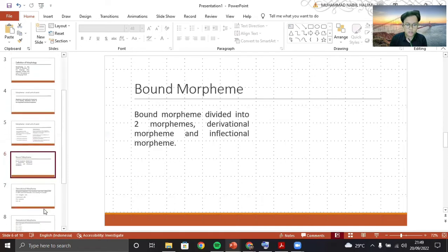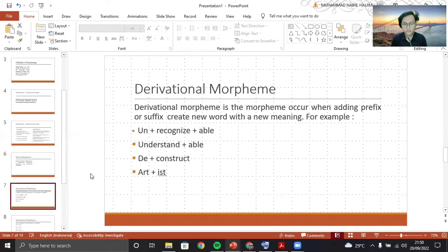Okay, next slide. Because we talk about the bound morpheme, the bound morpheme itself is divided into two morphemes, derivational morpheme and inflectional morpheme. So what is the definition of both of the morphemes? A derivational morpheme is a morpheme that occurs when adding a prefix and suffix to create new words with a new meaning.